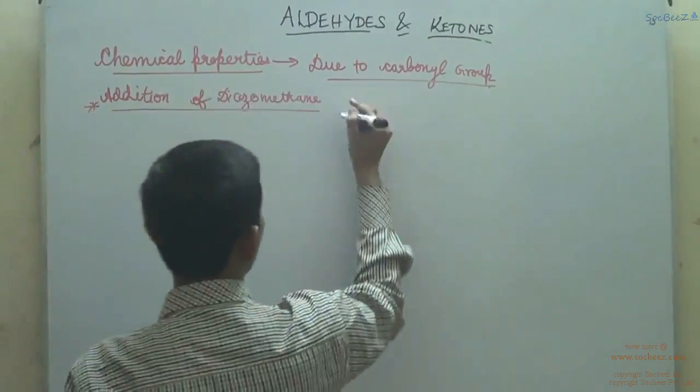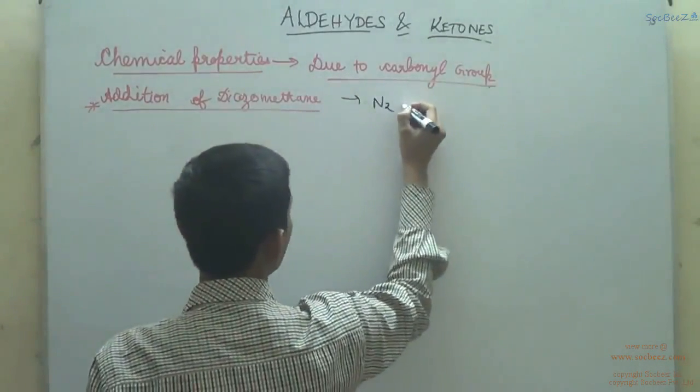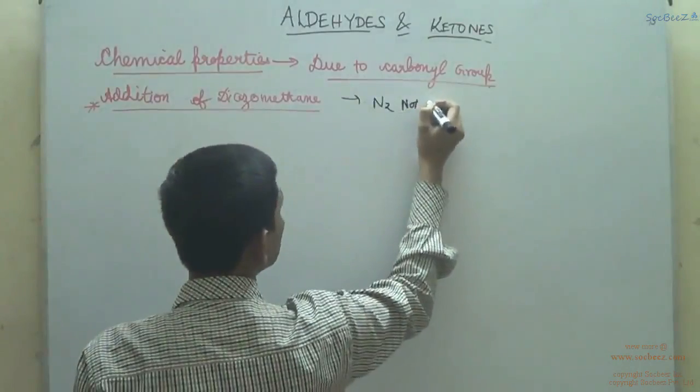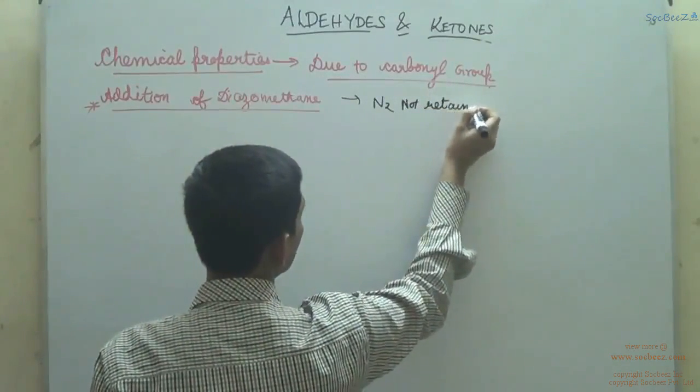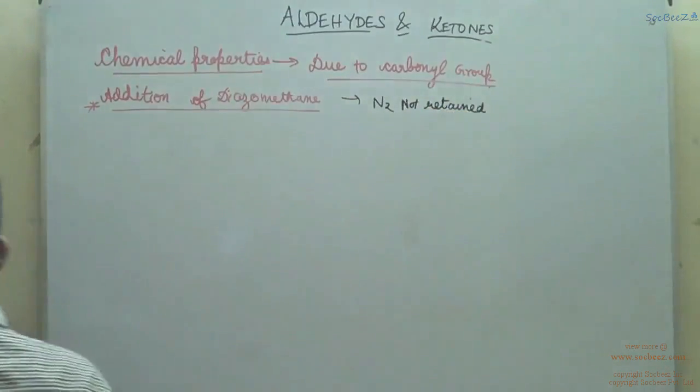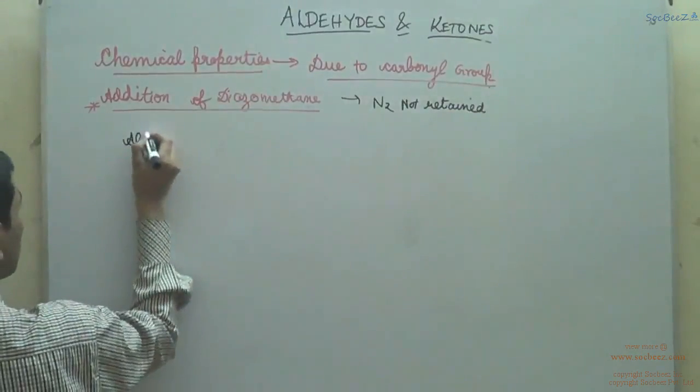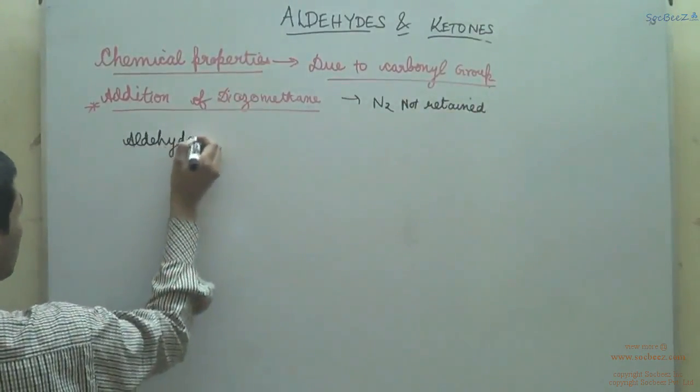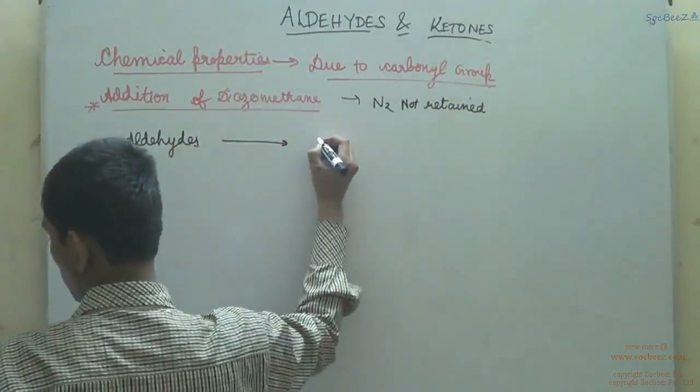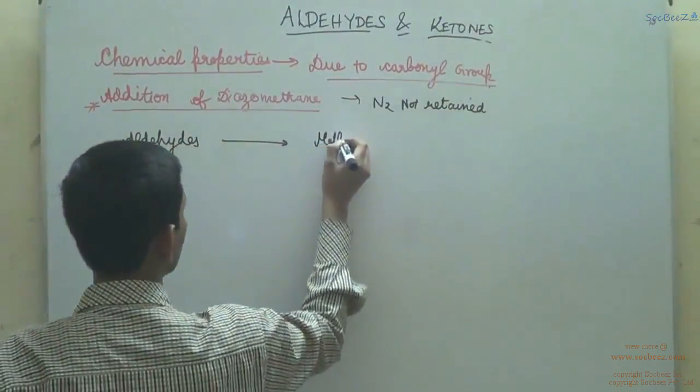In all this type of reactions, nitrogen is not retained in the product. Okay, now if you have aldehydes and you treat with diazomethane, you will get methyl ketones as the product.